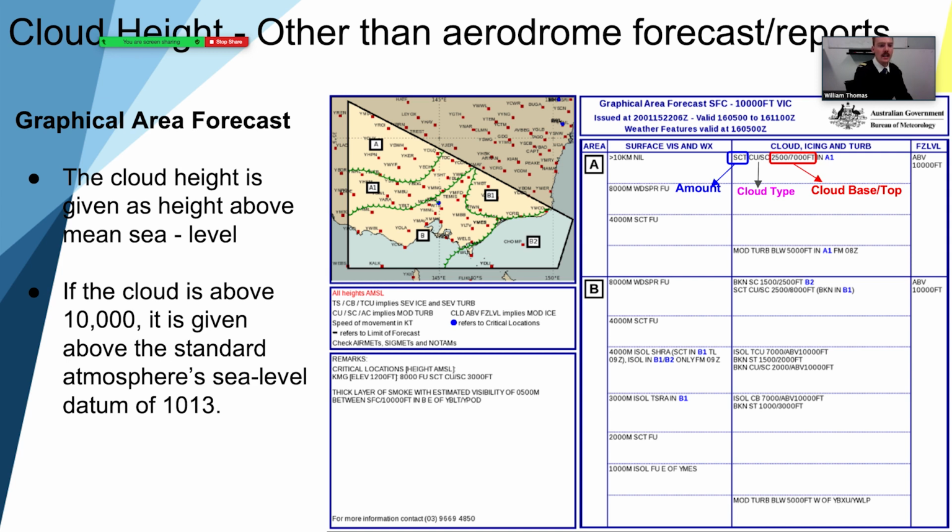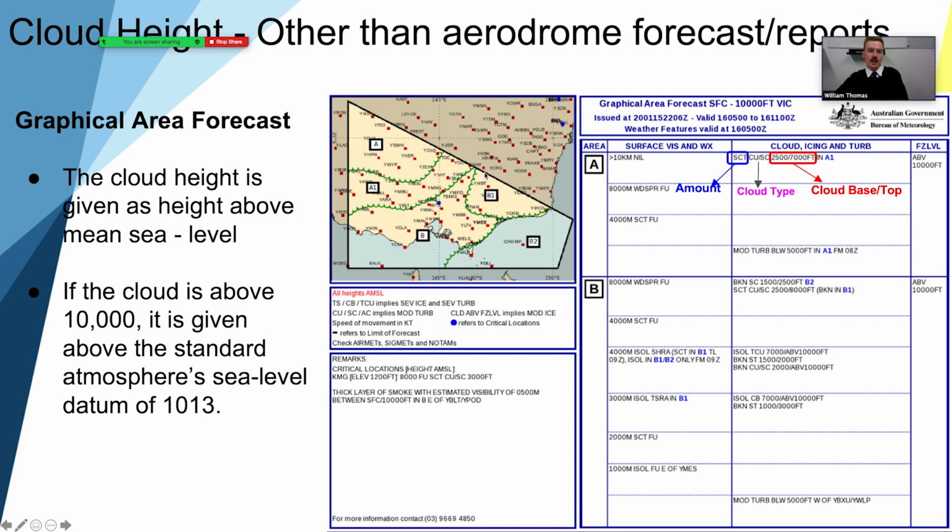If the cloud height is above 10,000 feet, it's given as above the standard atmospheric sea level datum of 1013 rather than AMSL.